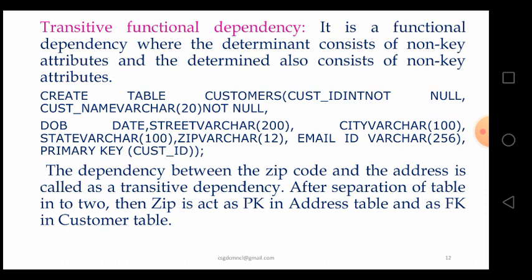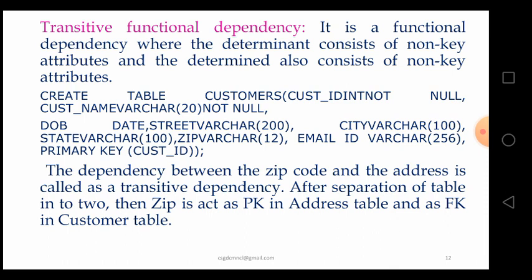Date of birth, date, street, city, state, zip, email ID, primary key are different.